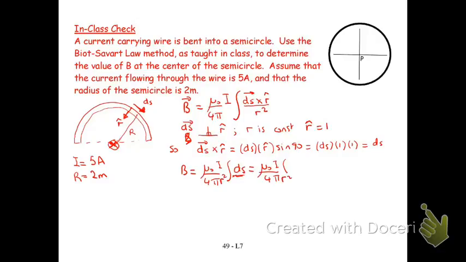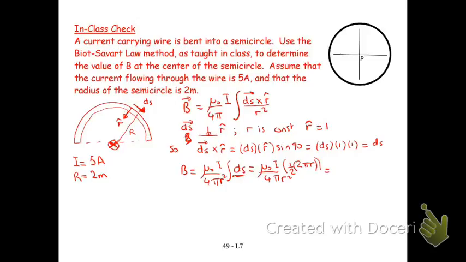So r squared. And then, okay, I want my length. So my length is going to be 2 pi r, but it's not a complete circle, is it? It's a semicircle. Oh, it's half of 2 pi r. Yeah, just half of it. So let's take all this into account.